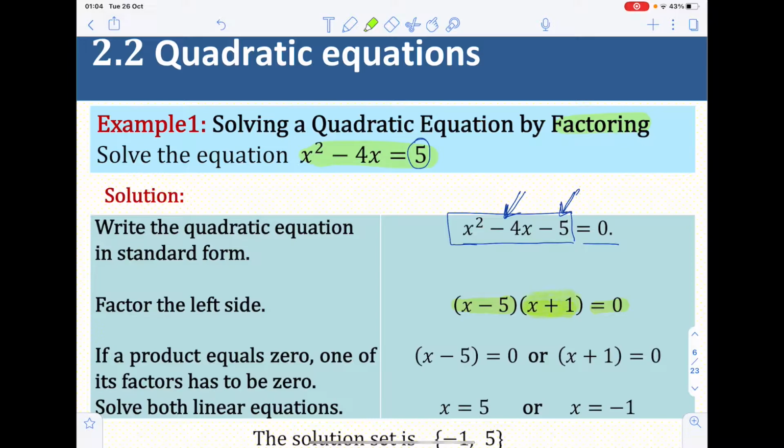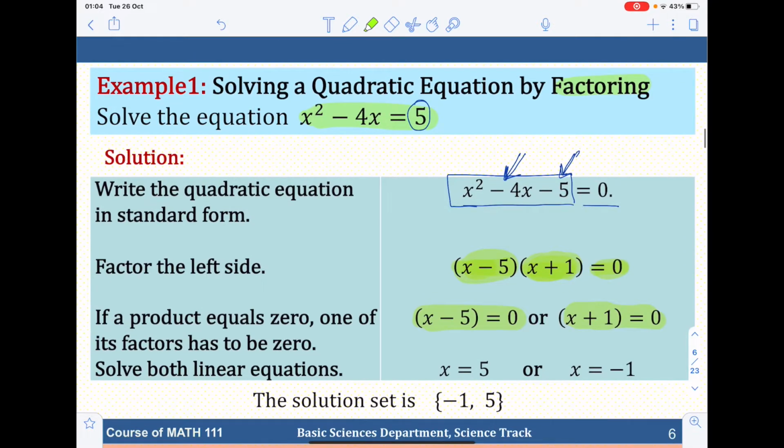Since here we have two factors, the product of these two factors equals 0, so either the first one equals 0 or the second one equals 0. Now we will solve each one separately. When x minus 5 equals 0, it means x equals 5. When x plus 1 equals 0, it means x equals negative 1. So the solution set is negative 1 and 5.